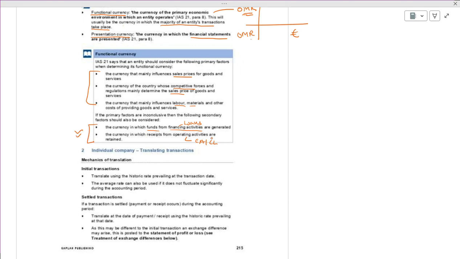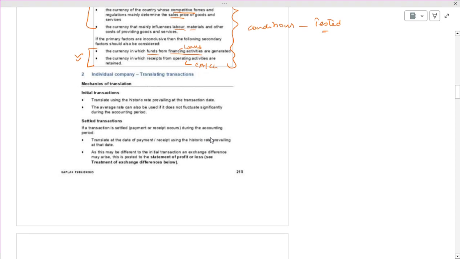When they say conditions, this will be tested. Is it an individual company transaction? We have to take the initial transaction first, and the initial transaction will be taken at the historical rate only, because financial accounting is based on historical cost accounting. That's all.